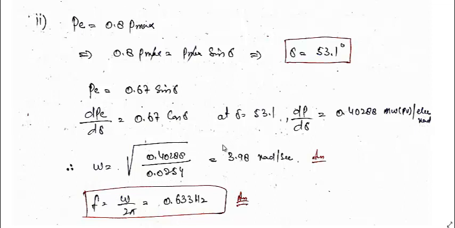So putting the value of this del P by del delta in this equation, M is already calculated. This comes up to 3.9 radians per second, and F is equal to 0.633 hertz. So in this case, you can see that the frequency of oscillation is less, as PE is slightly lower. The difference of PE and Pmax is only 0.2, that's 20%. As you go higher, the frequency of oscillation will be very small.